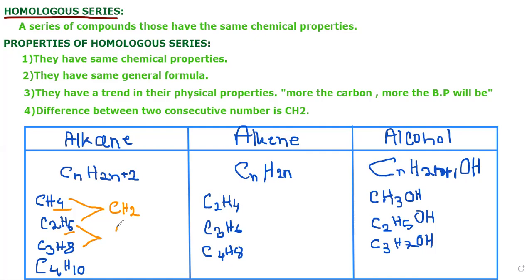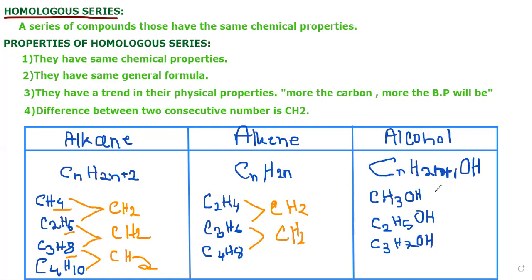Same in propane, the difference is CH2. 8 minus 6 is 2, and 3 minus 2 is 1. This is also the same for alkenes, as they are of the same homologous series. The difference between C2 and C3 is 3 minus 2, which is C, and H, 6 minus 4 is 2, so CH2. Again, the difference is CH2.